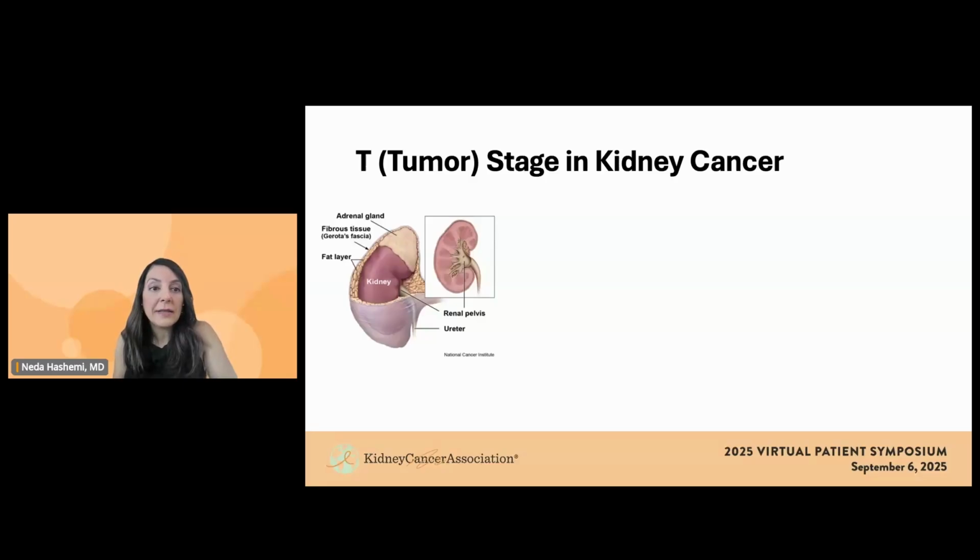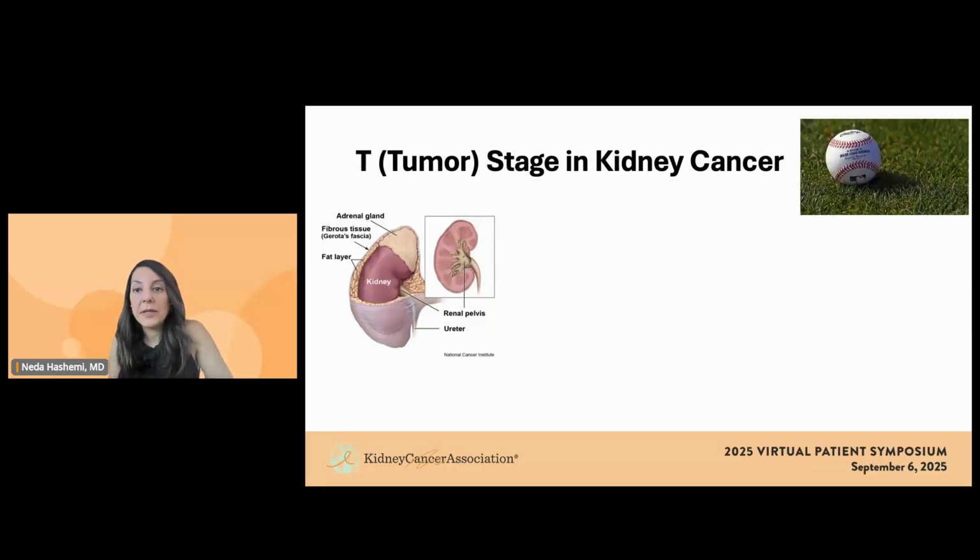And then all of that is covered in a fibrous tissue called Gerota's fascia. So this is how the kidney structure anatomy is. I put a picture of a baseball there because a baseball is about 7 centimeters. And that is basically the measurement that we use for how big the kidney tumor is.